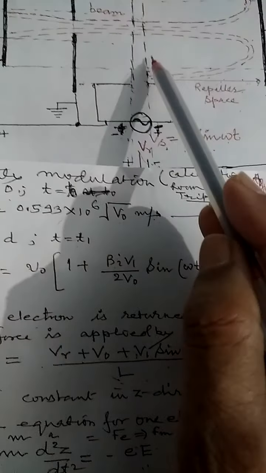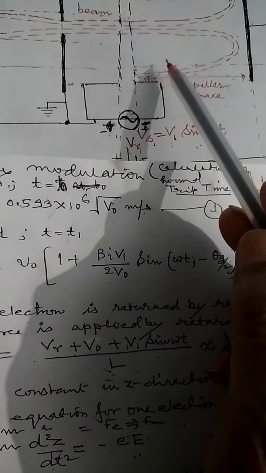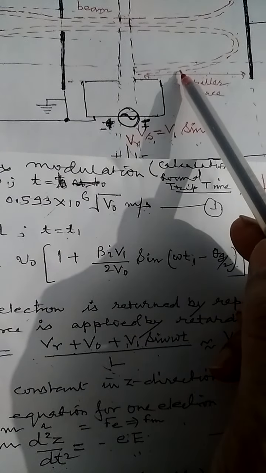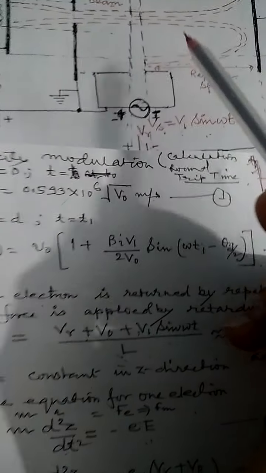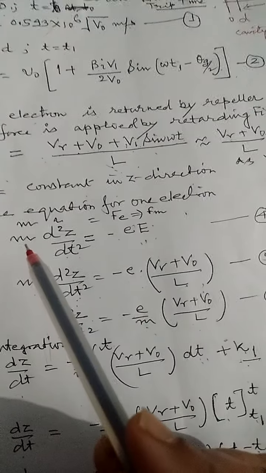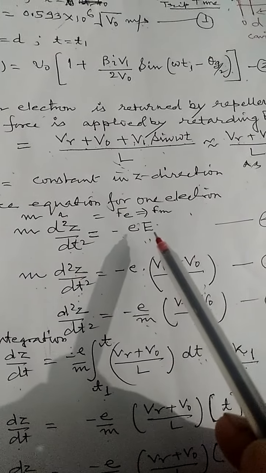So here on the electrons the mechanical force is applied, and the electrostatic force is also applied. When both the forces are equal, we get this equation m d square z by dt square is equal to minus eE.